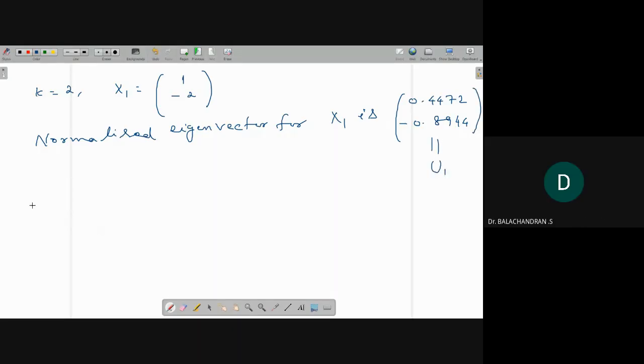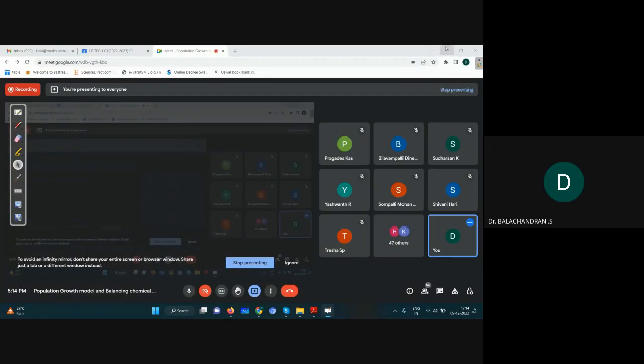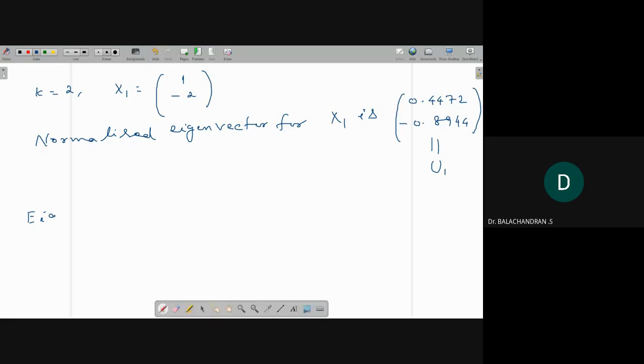Next, the eigenvector corresponding to lambda 2 equal to 7. Again you need to find the eigenvector.